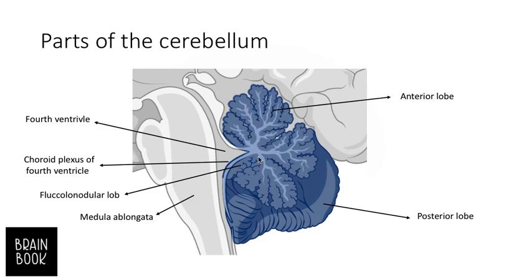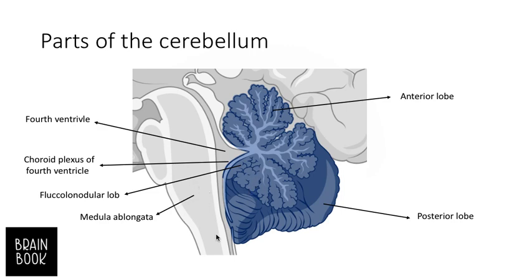The cerebellum has different parts. It's very important to say that we call it the tree of life because these branches look like a tree, and because it is vital for our life. Here you can see the position of the cerebellum.